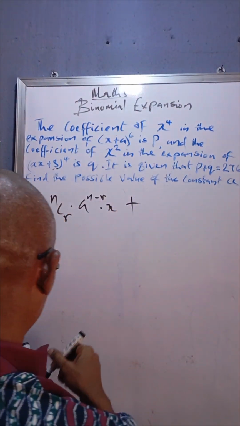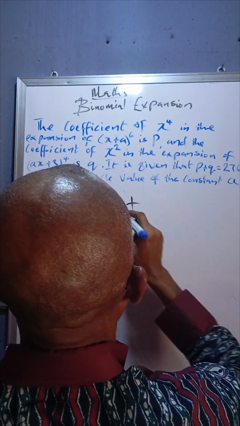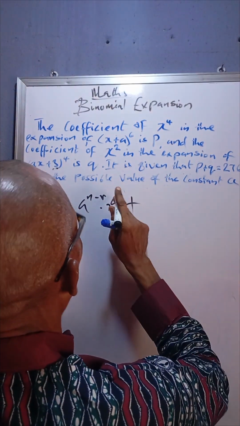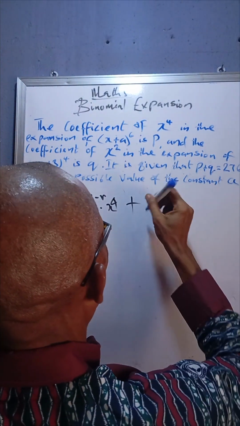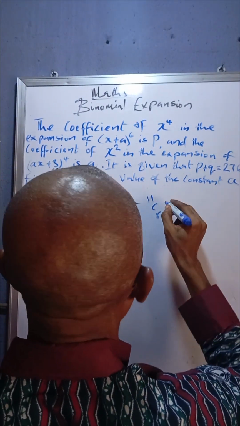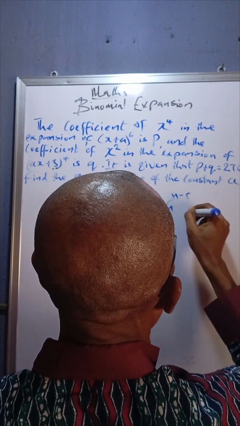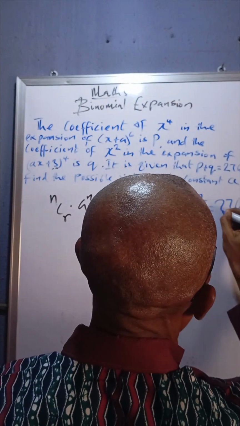Then we say plus. The same applies here. This is 4, this is 4, and for here we have the same, n combination r times a to the n minus r, x to the r, equals 276.